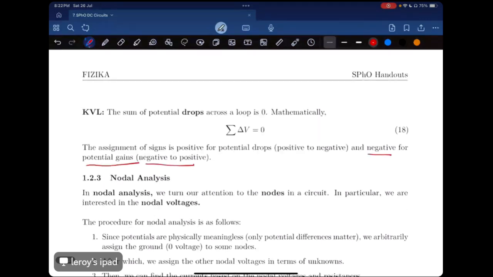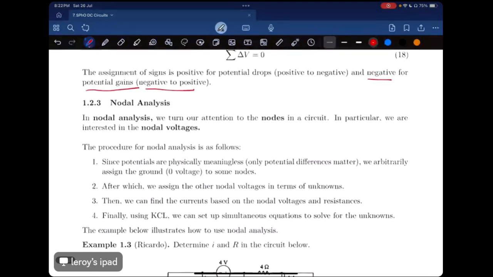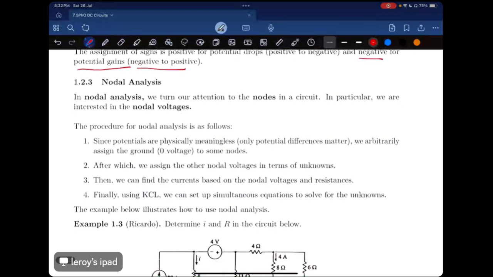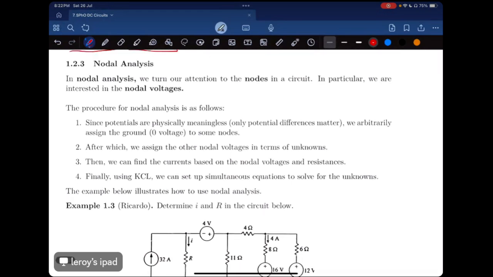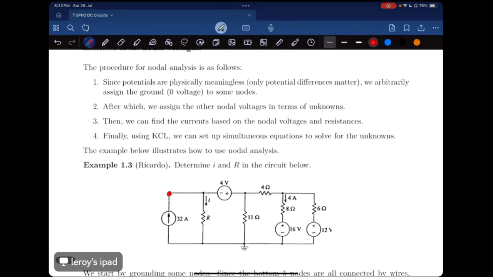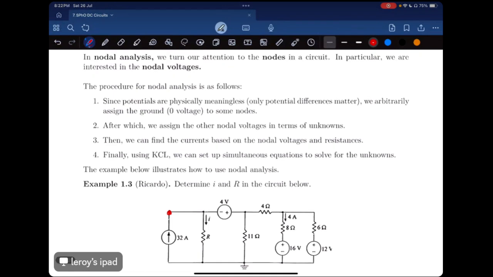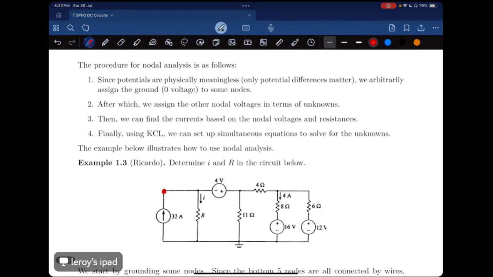So as I mentioned, the first way of visualizing circuits is nodal analysis. Here, our focus is on voltages. We look at the nodes in the circuit, which are basically your vertices. What you want to do here is assign potentials to these nodes. But potentials by themselves don't have any meaning.